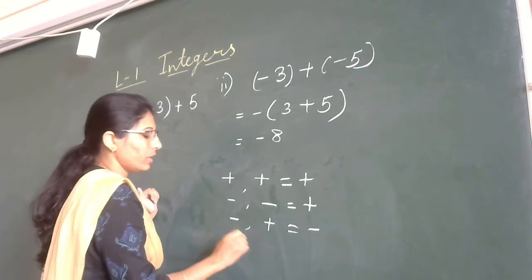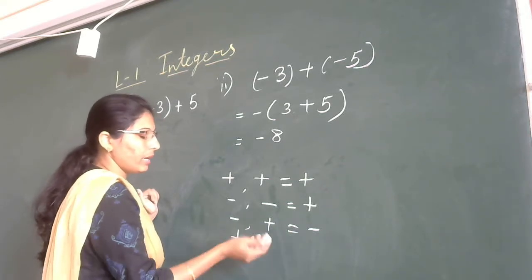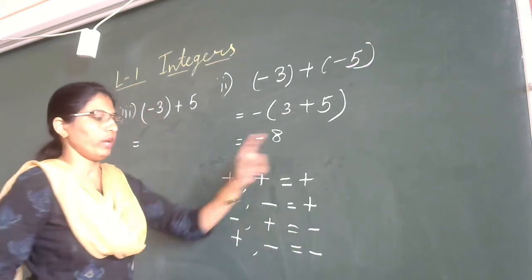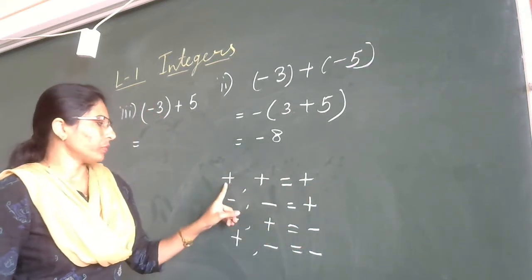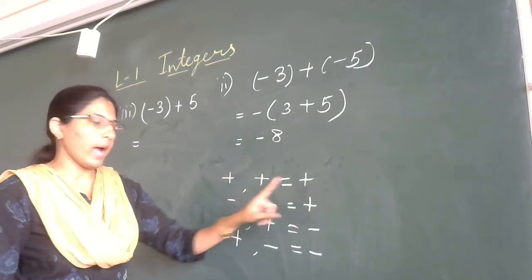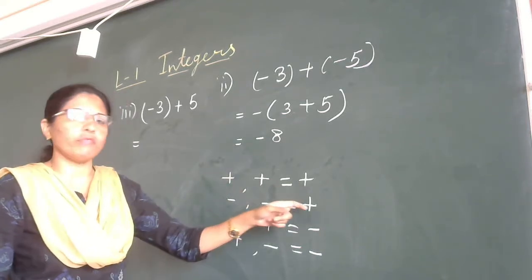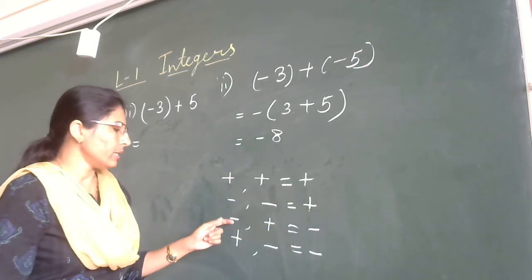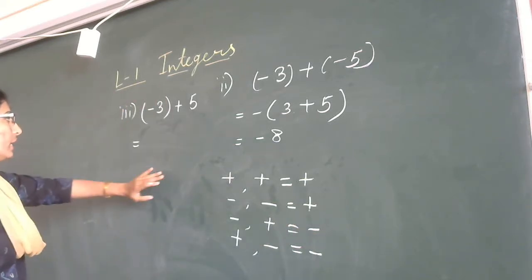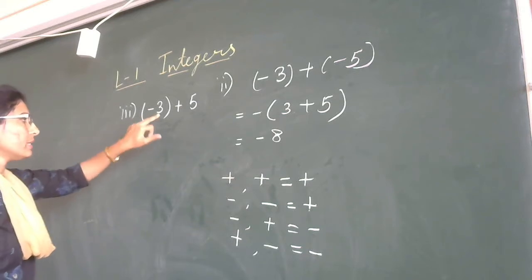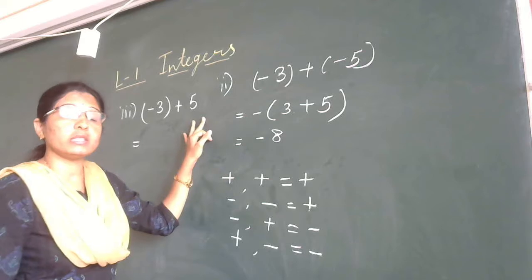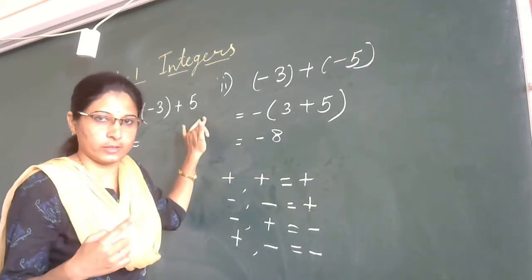So we have to remember this rule. When the integers are both plus, we add. Minus minus also, we add. Here, minus plus: you can see one has a minus sign and one has a plus, so we have to subtract.